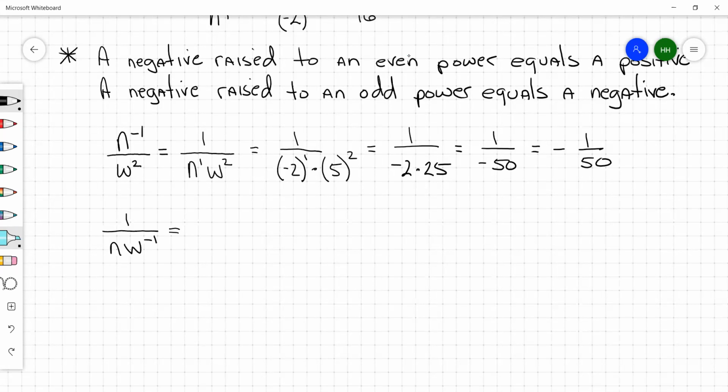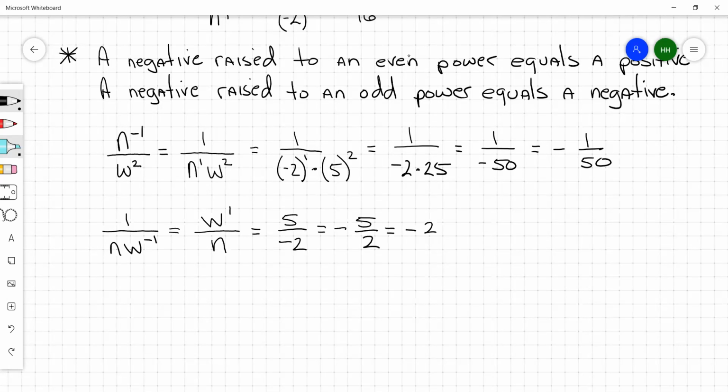So when you simplify this, the w to the negative first goes to the numerator and becomes positive. And the n just stays on the bottom. It's to the first, but it's implied. It doesn't get written. So what was our w equal to? 5. So this becomes 5 over n, where n is equal to negative 2. So that's negative 5 over 2, which, if you want to simplify that, is negative 2.5.